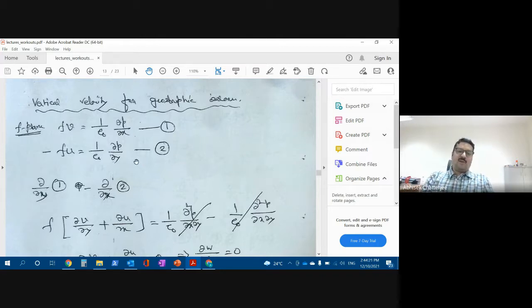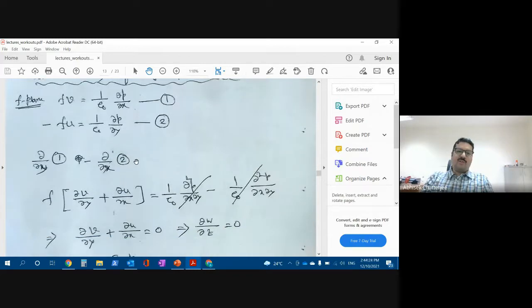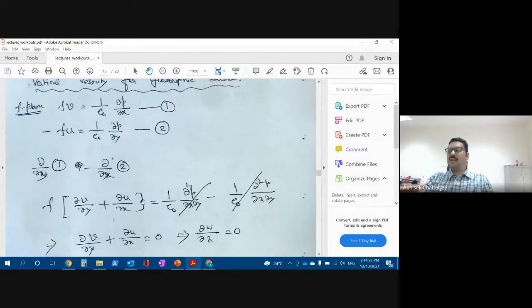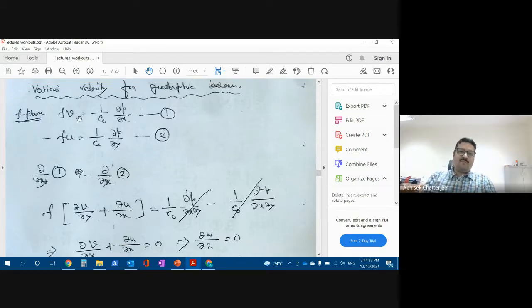In order to do that, we know there is a continuity equation: del U del X plus del V del Y plus del W del Z equals 0. The equation of continuity, you must have heard of it. We can do some small calculus and find out what W is. Since this is an x derivative equation, we will take a y derivative of this and an x derivative of this, and then subtract each other.